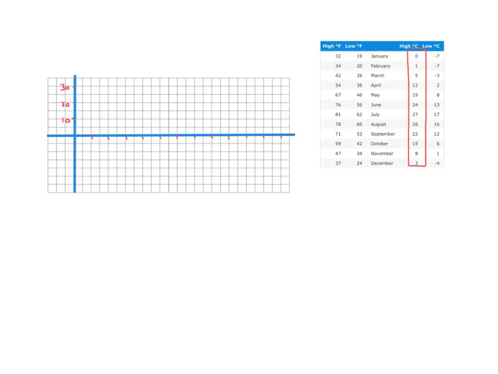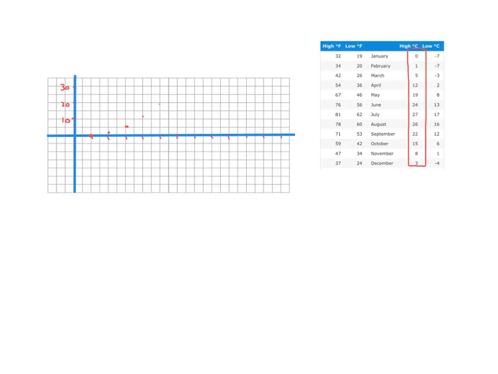So we're going to plot these points and see where we go from there. So we know that January is 0, so that's a big 0 on January. February is 1, so it's going to be just a little bit above. March is 5, that's going to be halfway there. April is 12, so just a little bit more than 10 there. May is 19, so just a little bit under 20 there.